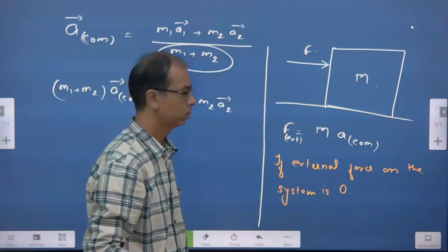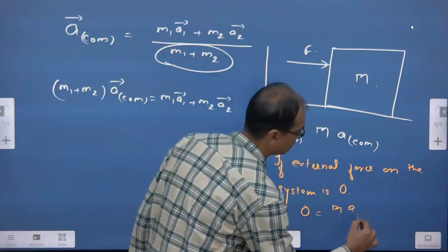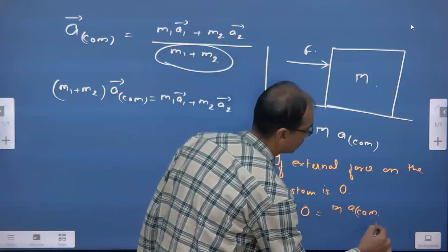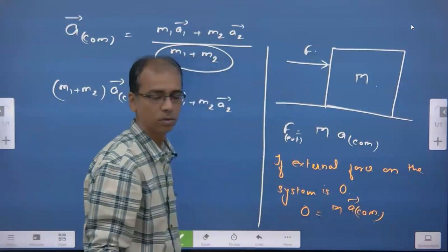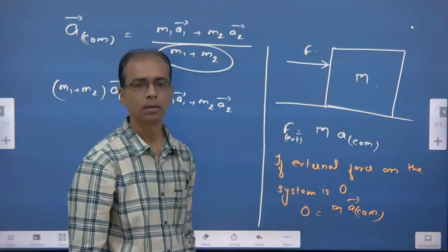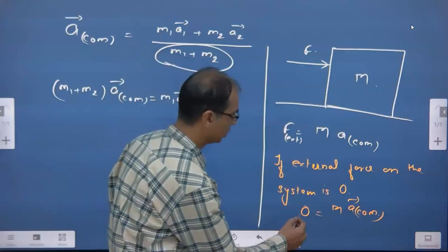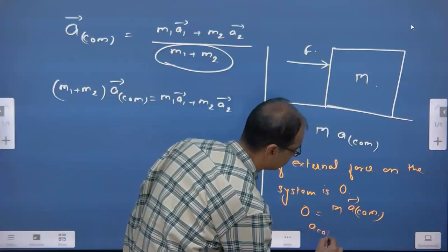Zero. If this external force is zero and we are writing M A_com here, what is A_com then? Mass cannot be zero. Mass is there. So then what is zero? Acceleration. If this is zero, then acceleration of center of mass is zero.